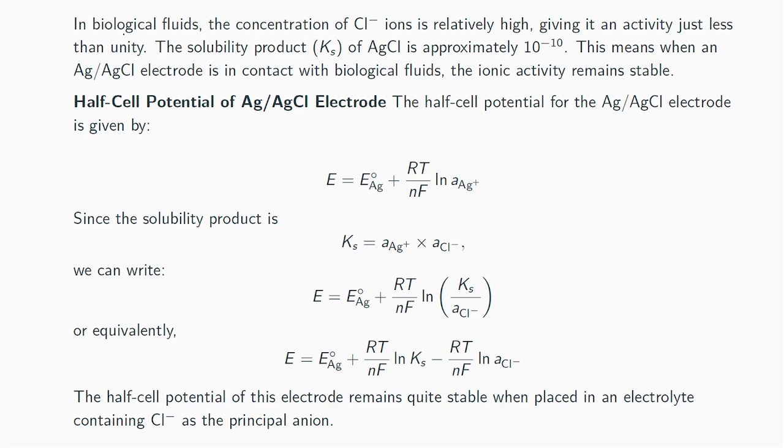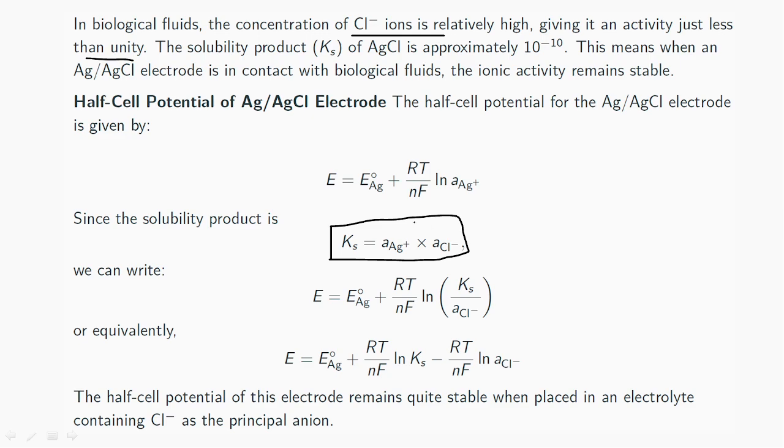In biological fluid, the concentration of Cl ions is relatively high, as we already know, giving it an activity just less than unity. The solubility product, Ks, is the product of the concentrations of Ag plus and Cl minus.